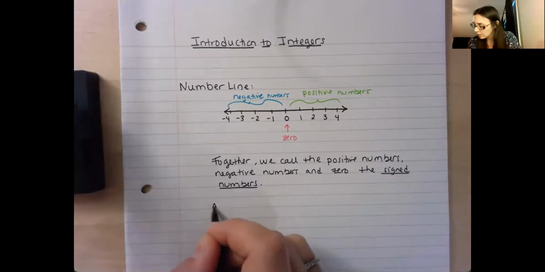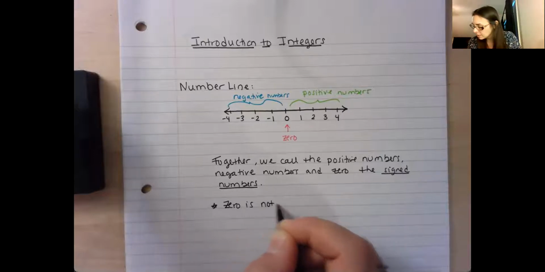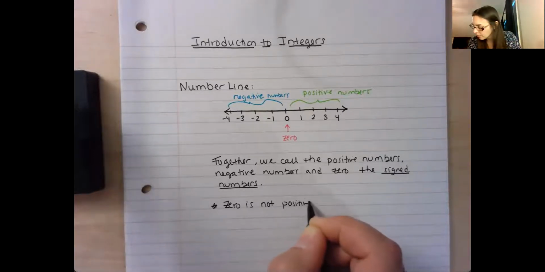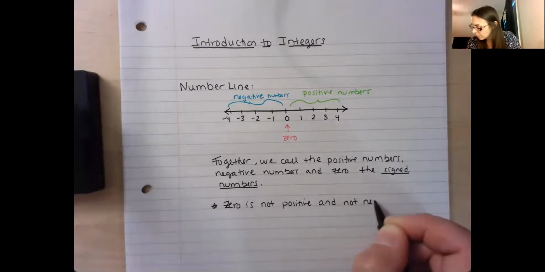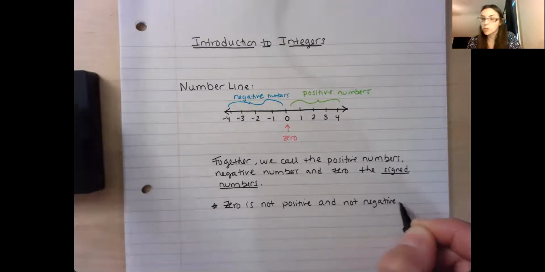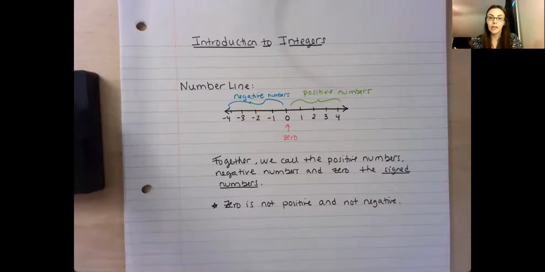So I will make a little note here that 0 is not positive and not negative. So it lies in between the positives and negatives here. Another thing I do want to note here with your positive numbers is we typically do not put a sign in front.